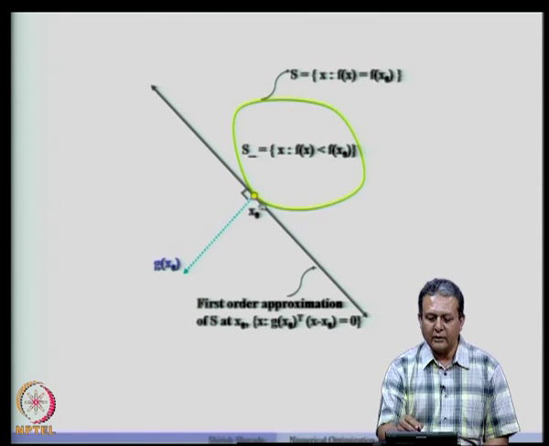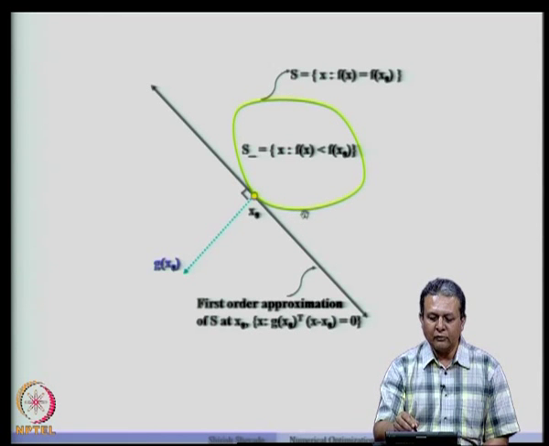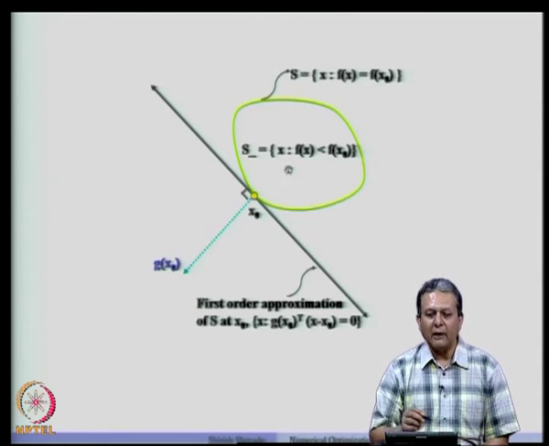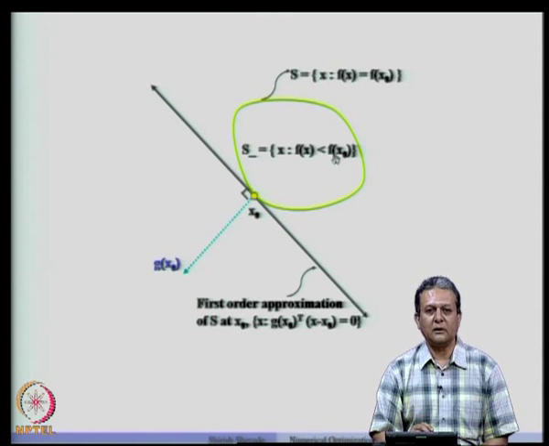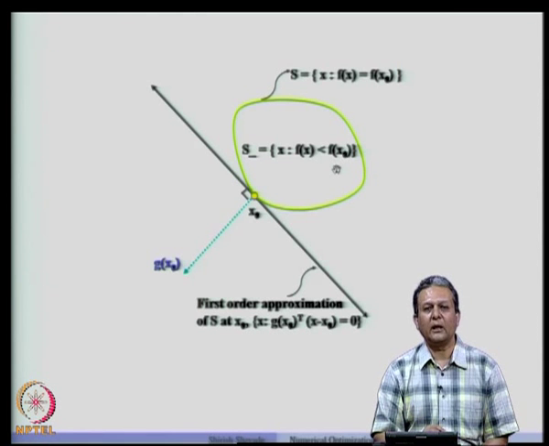So, all the points on this contour will have the value of the function equal to f of x naught, and as we move in the interior the value of the function decreases. So, this is denoted by the set S minus. It is basically the set which is in the interior of this, where f of x is strictly less than f of x naught.